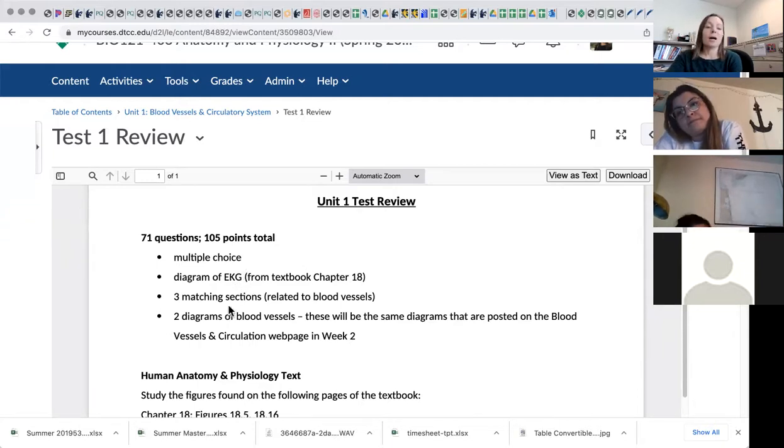There's 3 matching sections related to blood vessels. So it could just be knowing about the blood vessel structure and the 3 tunics, definitely knowing tunica externa, media, and intima or interna, and the characteristics of those.